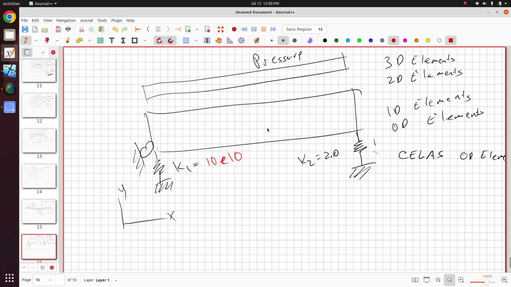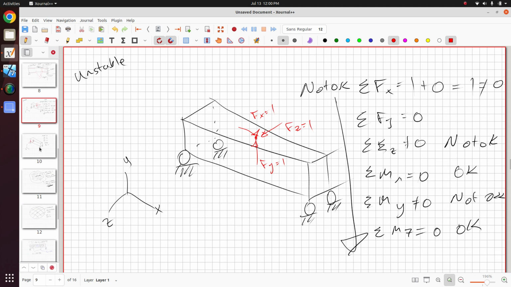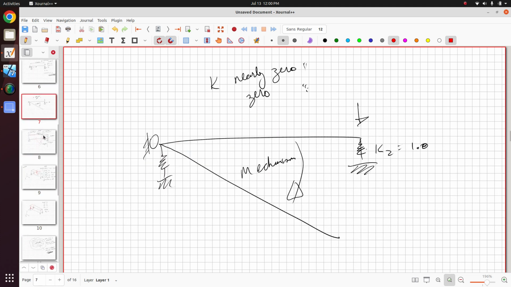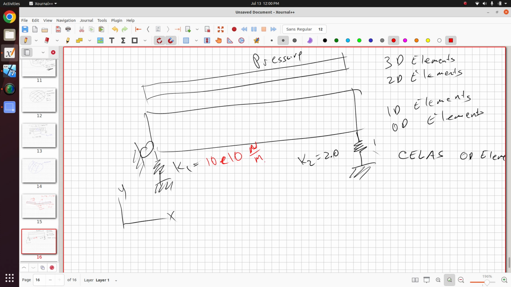Oh, this is actually not in pascals. It's in Newton meters. Right, so these are in units of force length. So the first spring has a very high stiffness value.